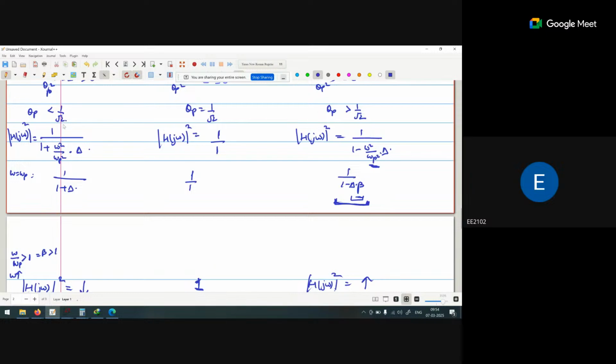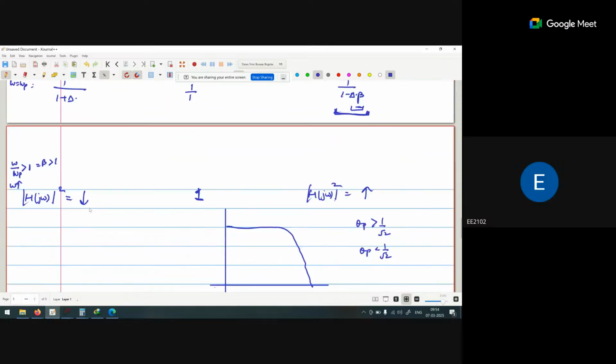When Qp is less than 1 upon root 2, as we increase the frequency, the H of j omega will be reducing. Why? Because it is the response for Qp less than 1 upon root 2.